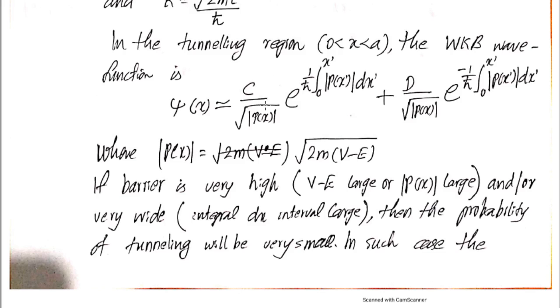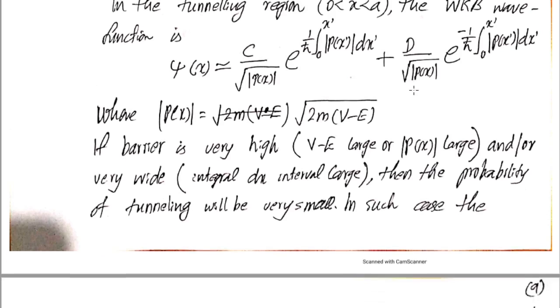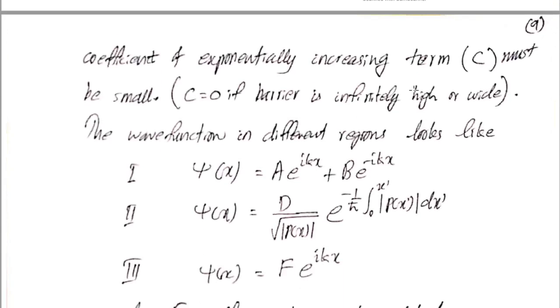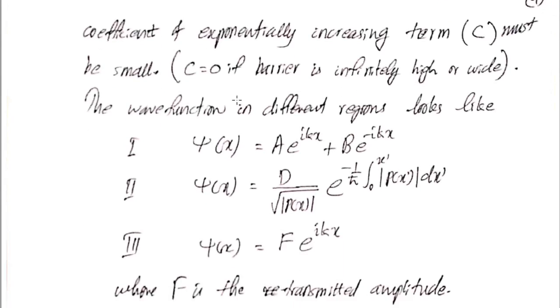So for a wide and very high potential barrier, the constant c will be almost equal to 0 and there will be only the d part. In such a case, the coefficient of the exponentially increasing term must be small, and c will be 0 if the barrier is infinitely high or wide.